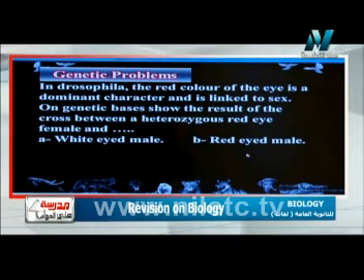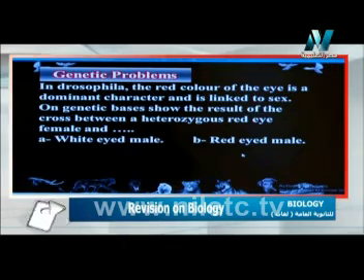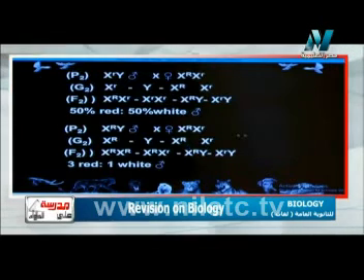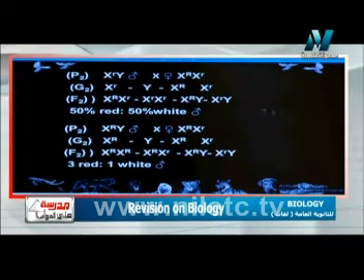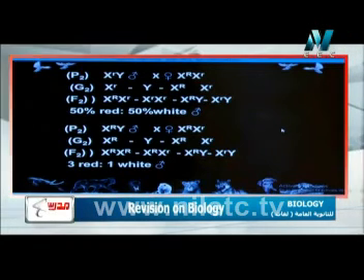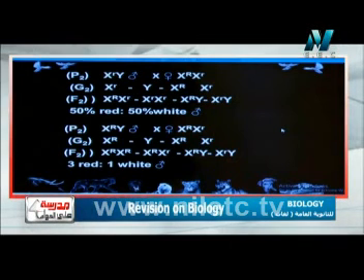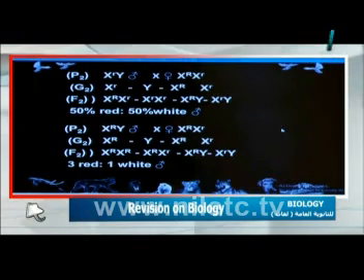But the opposite takes place in butterflies, birds, and some fish. So, solving the problem, the first generation: a male with white eyes, that means the X carries small r with the Y. The female is XX, capital R, small r.